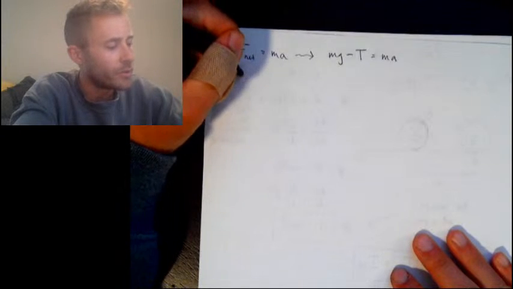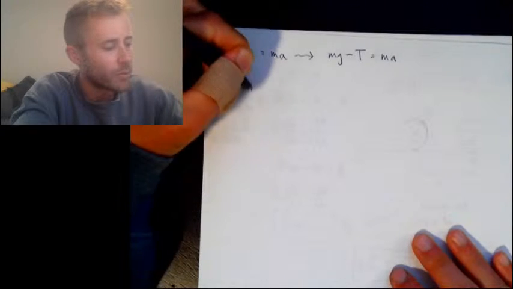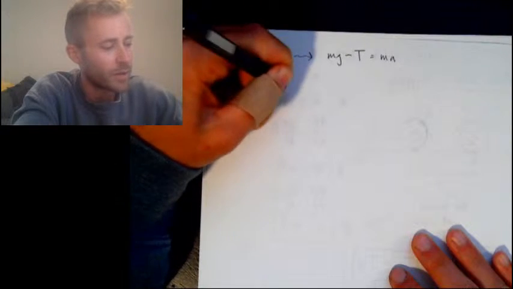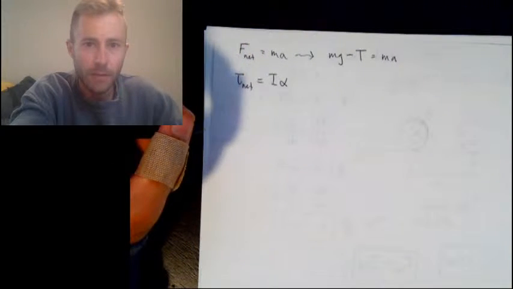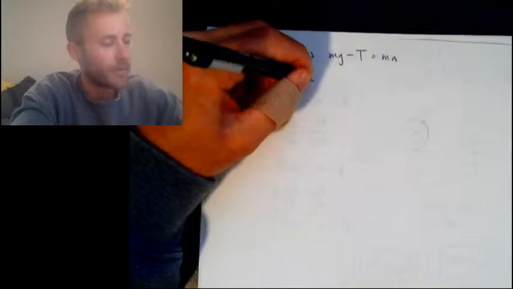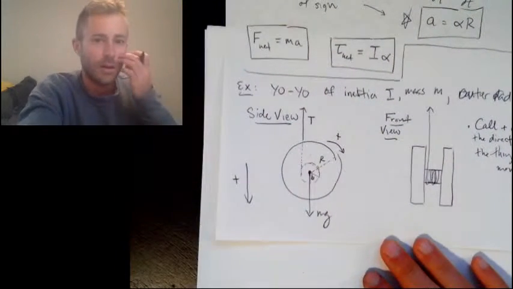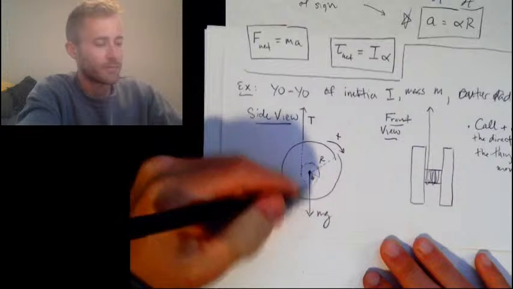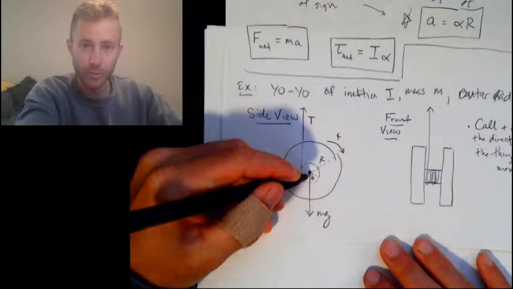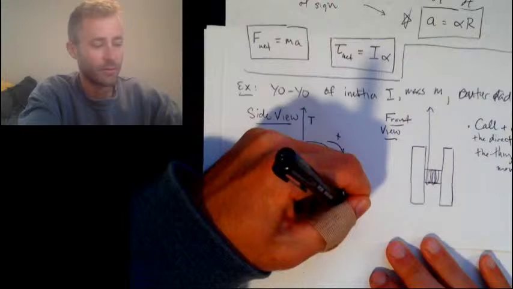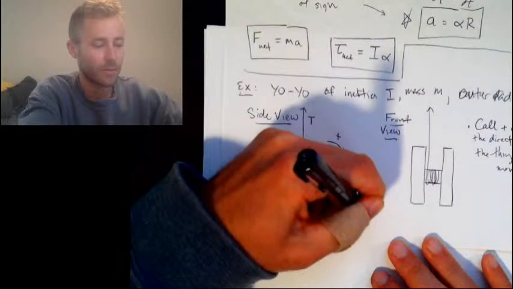Then I can do Newton's second law for rotations, which is net torque equals I times alpha. All right? If we think about this, gravity is acting through the center of the yo-yo. So gravity is going to cause no torque.